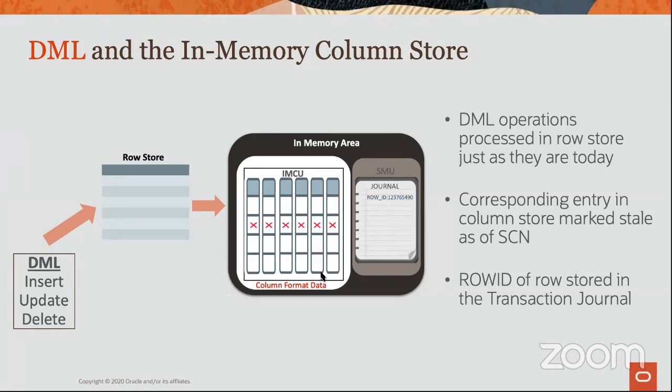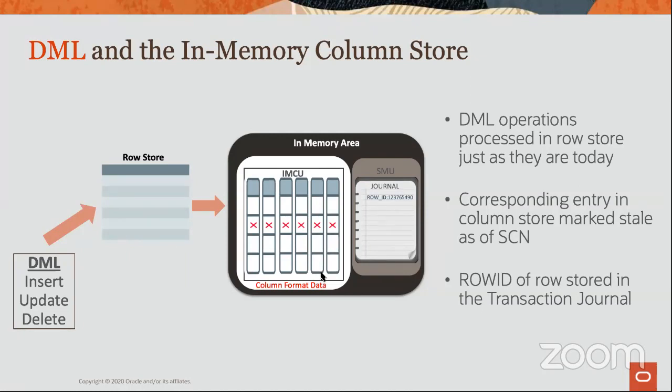So undo and redo occur when changes are made to the row store, but not to the column store. If the instance goes down, the column store, the in-memory part, goes away, and when the instance restarts, we have to repopulate that data back into the in-memory area.